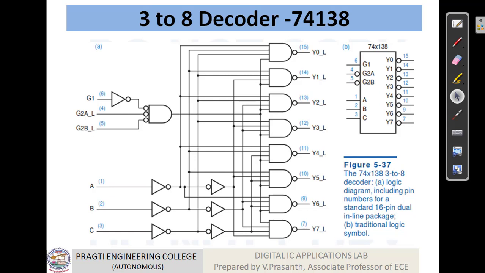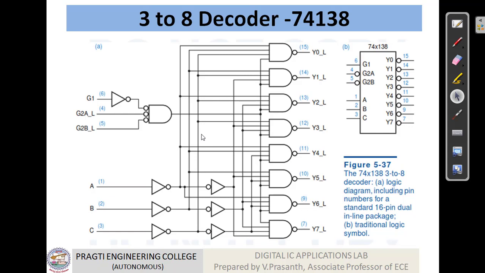Now for this IC 74LS138, we have to write the VHDL code. This is the internal structure of the programming. In the 3-to-8 decoder, we are using 8 AND gates, and also 4 inverters and 3 buffers.